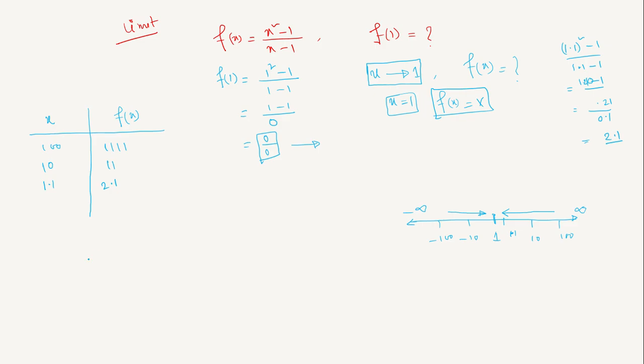Now if we move from left to right, if we approach 1 from the left side, then we take negative 100, then negative 10, and then negative 0.9.